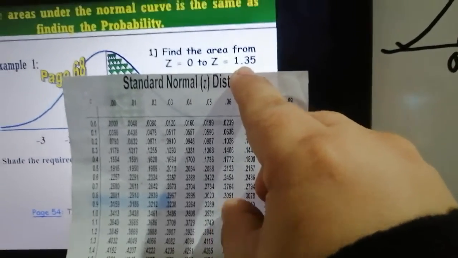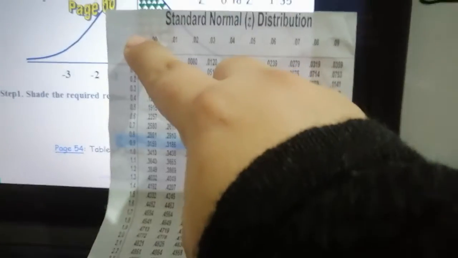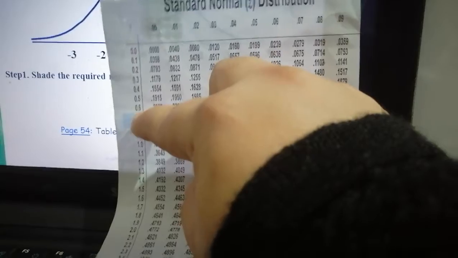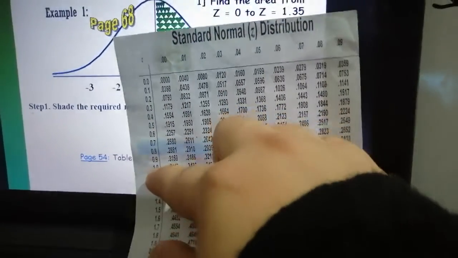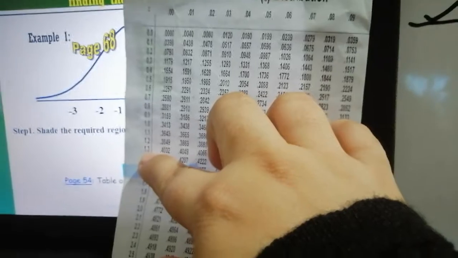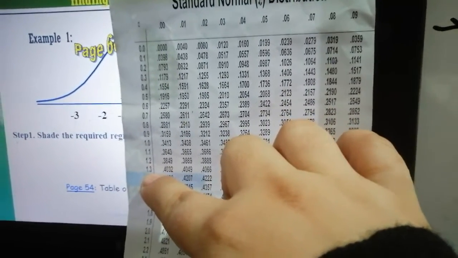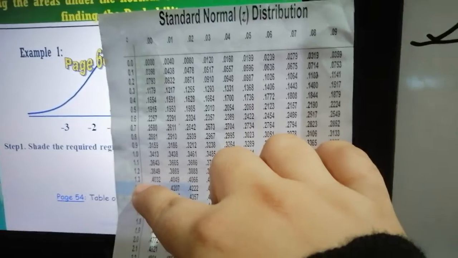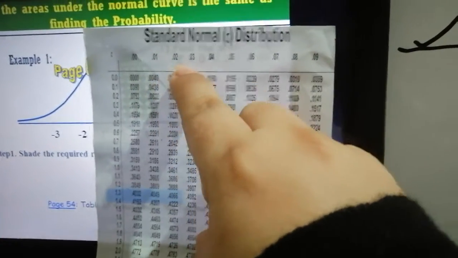So what we have to do, we look for 1.35. So you go to the left side of the table and look for 1.3. And we are looking for 1.35, not for 1.3. Then that means you still have to add 0.05.